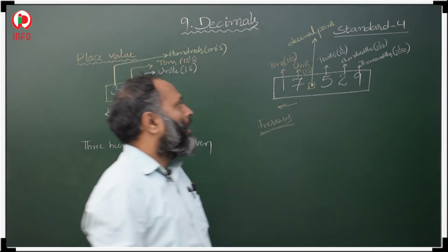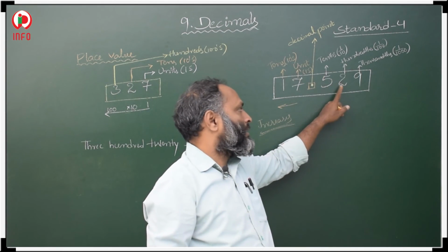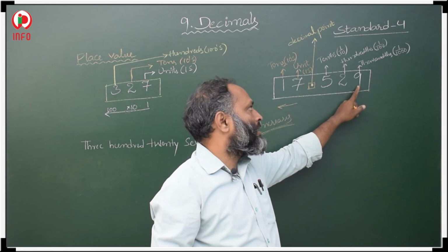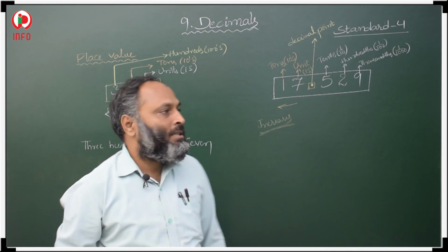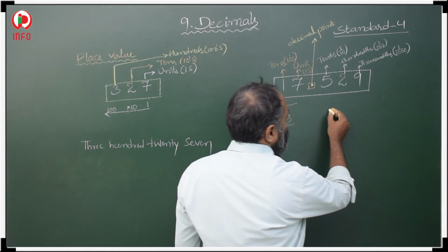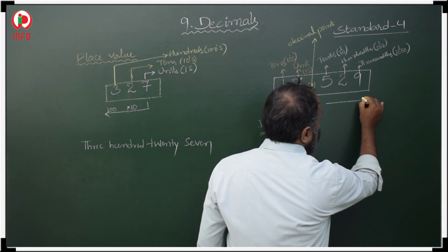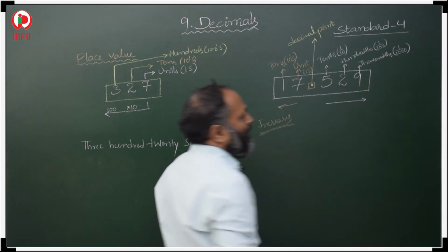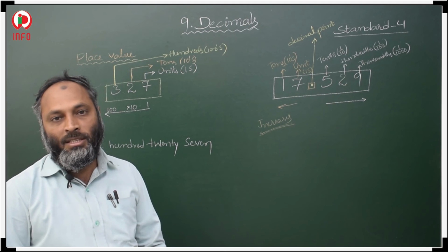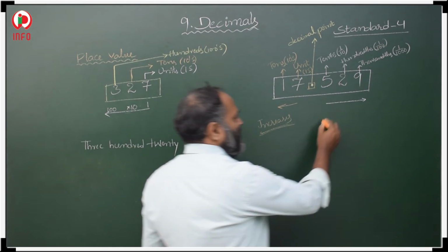Okay. This is in tenths place, this is hundredths place, this is thousandths place. So, after the decimal on the right side, if we move from left to right, the place values decrease.